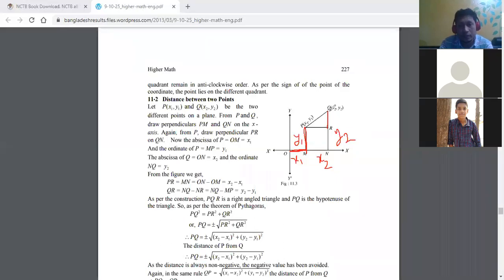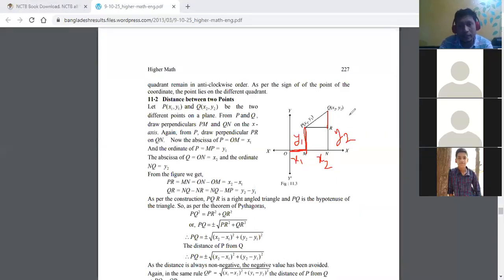Y2, their total QN. That is QN minus RN. RN is equal to y1. Now QN means y2, sorry. QN means y2 minus RN.